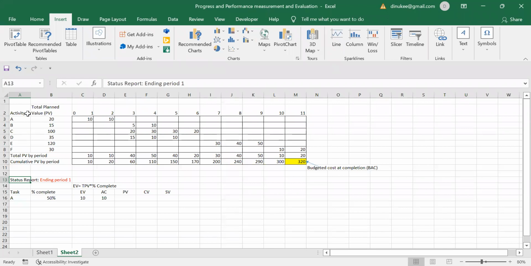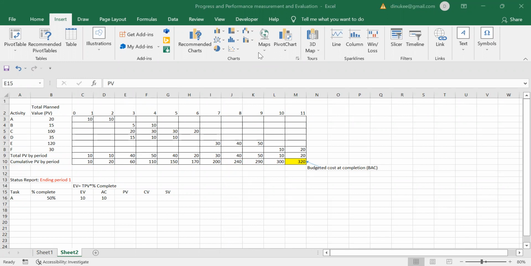First you have to identify where the end of period 1 is. That should be the answer for this planned value. Very good, one student has given me the answer.